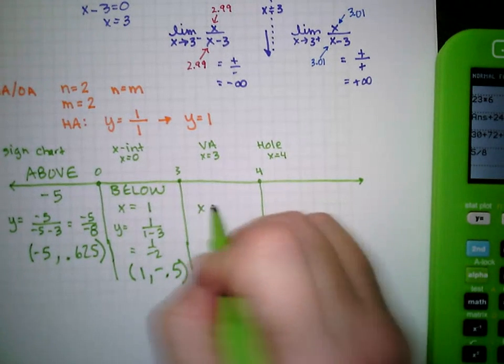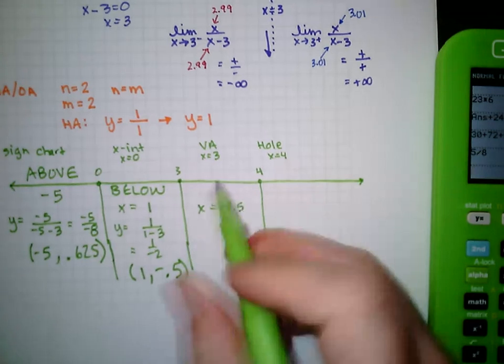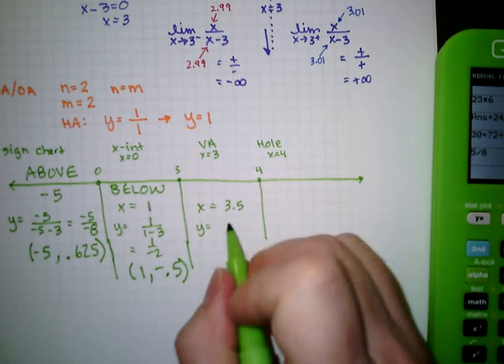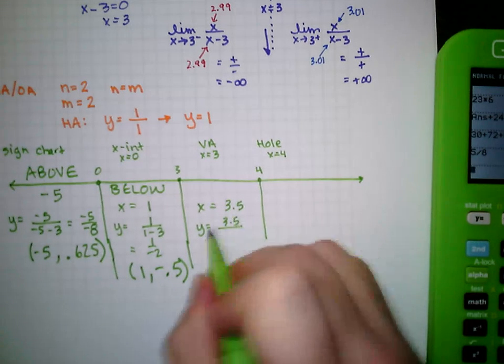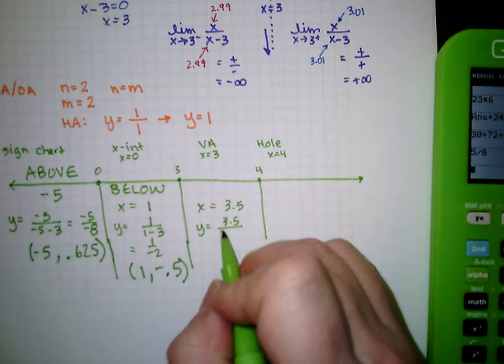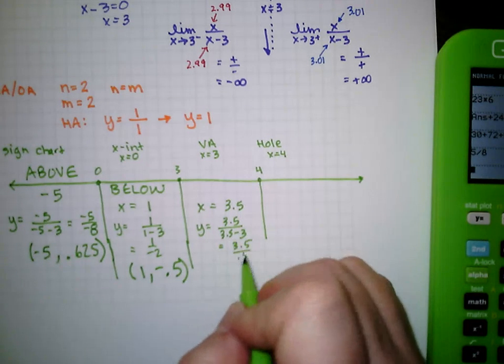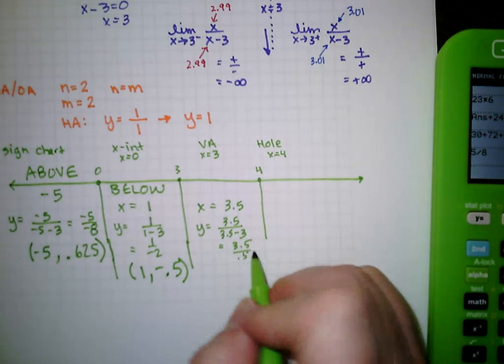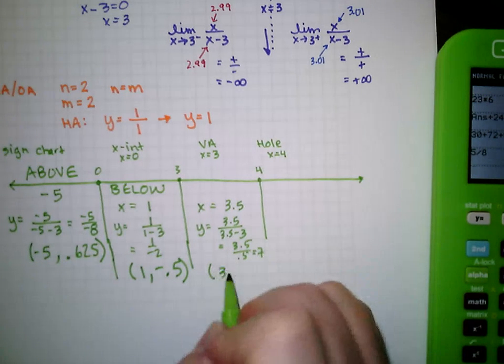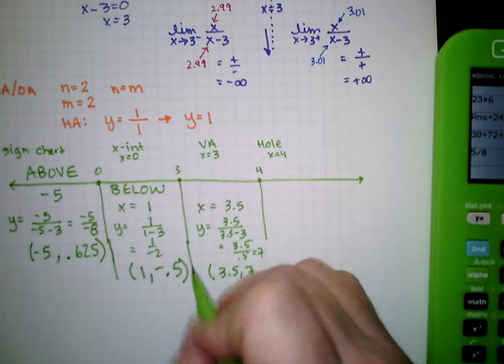See what happens between 3 and 4. So x equals 3.5. Not ideal, but we have a calculator, so it's fine. So y would be 3.5 over 3.5 minus 3, so 3.5 over 0.5, which is 7 actually. So 3.5 comma 7.